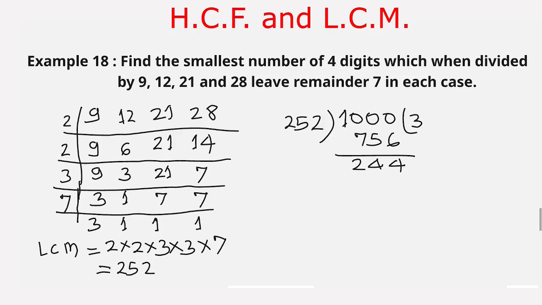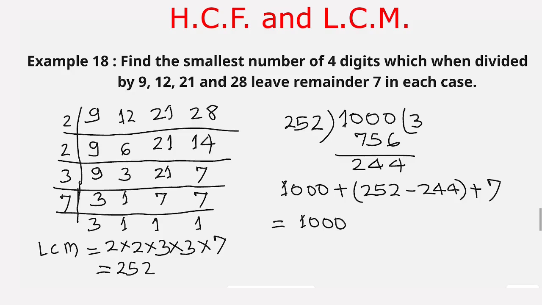Now our answer will be 1000 plus LCM 252 minus this remainder 244 plus the remainder given to us in the question, which is 7. This is equal to 1000 plus 8, since 252 minus 244 is 8, plus 7.